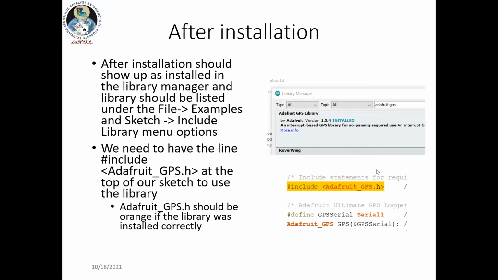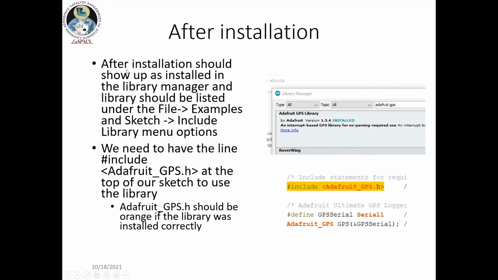There are a few things to note to make sure that you have the library installed. If it's something that you've installed by the library manager, when you open the library manager up, it should have this little green text that says installed, if it was correctly installed.